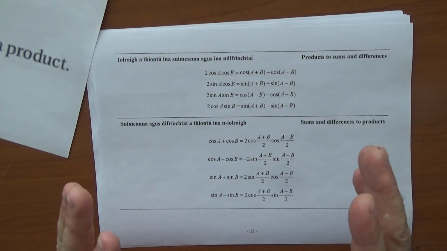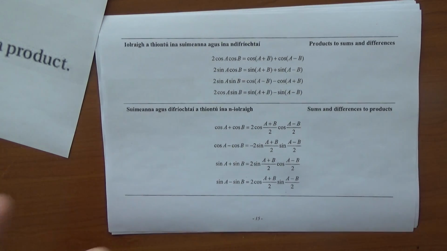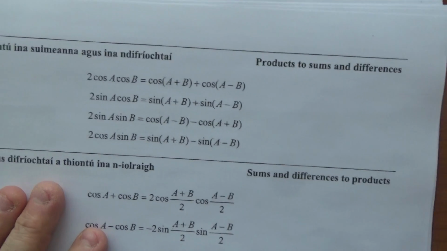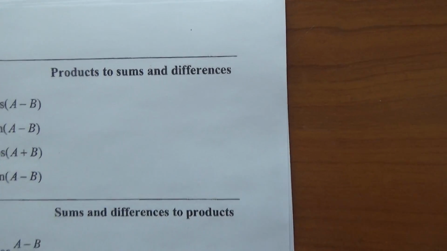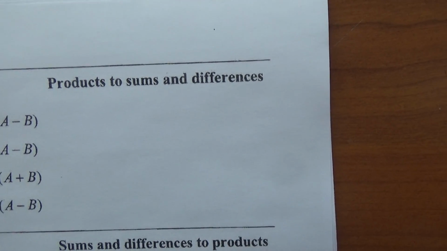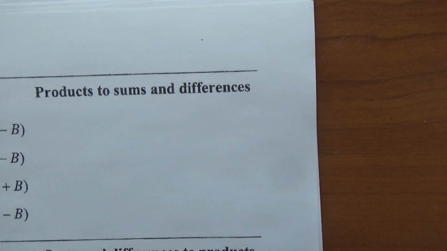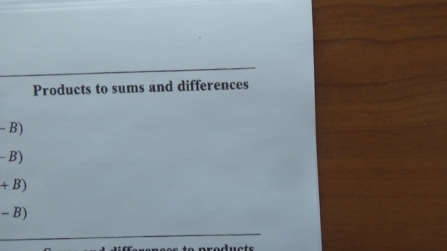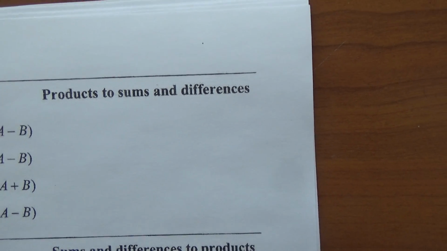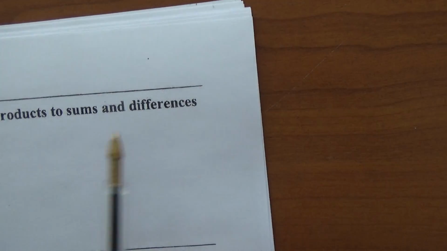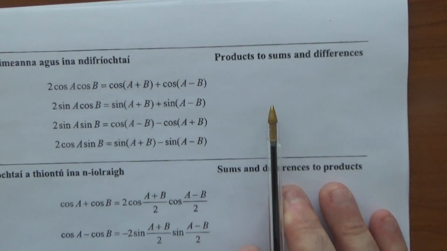Before we get started on using these formulae, I want to concentrate on the name of this page. It's called going from a product to sums and differences. Just a reminder, you get sums when you add things together, and you get differences when you subtract things from each other.